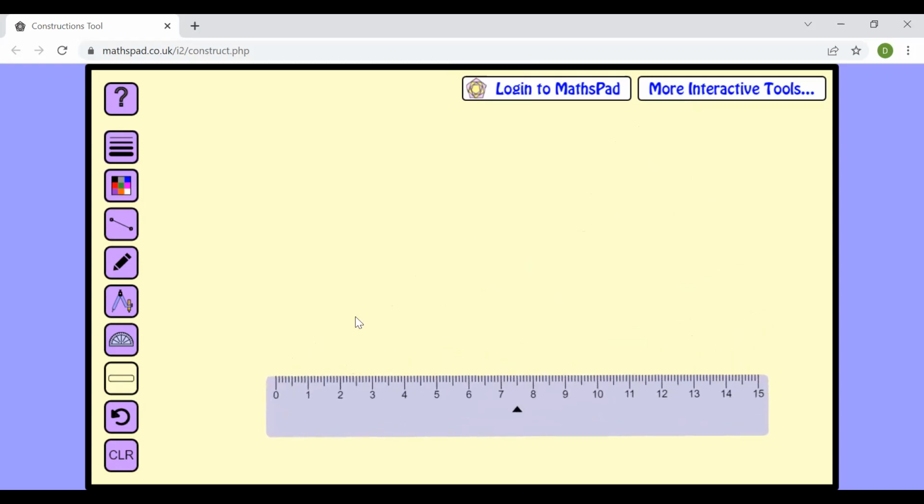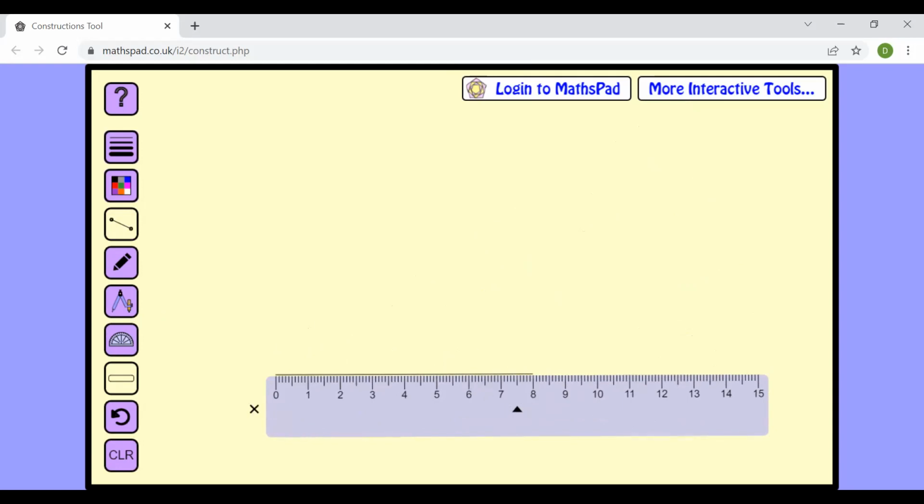Now, first of all, start with the diagonal. The diagonal is of 8 centimeter, so draw a line from 0 to 8 centimeter. This is the 8 centimeter line.